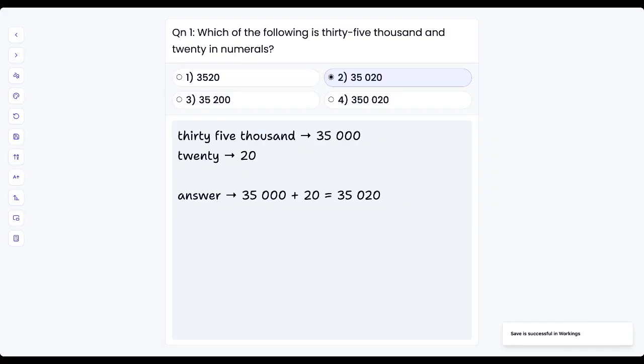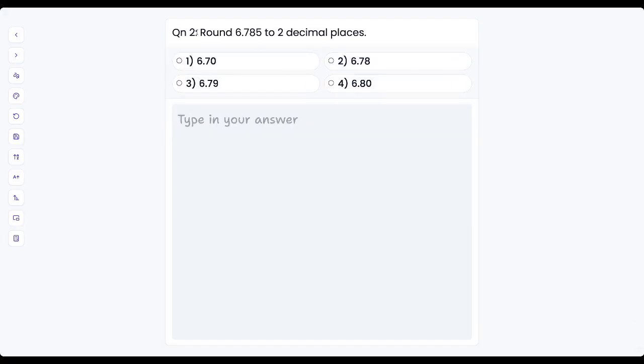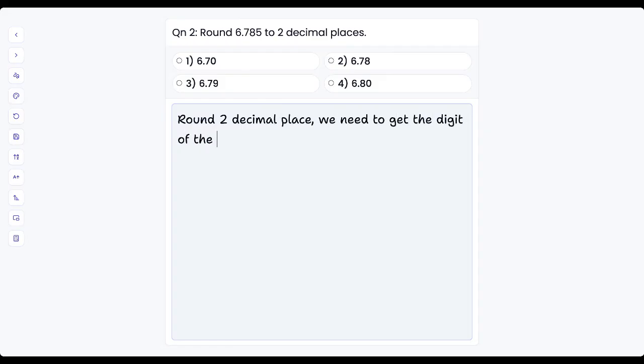Question number 2. Round 6.785 to 2 decimal places. If you want to round to 2 decimal places, we need to get the digit of the 3rd decimal place, which in this case is 1, 2, 3, 5.